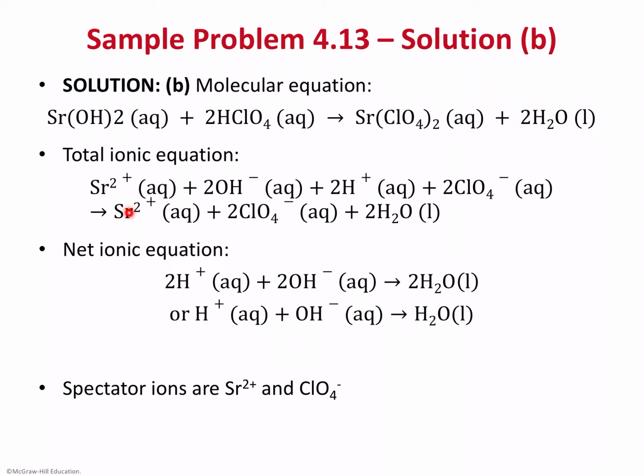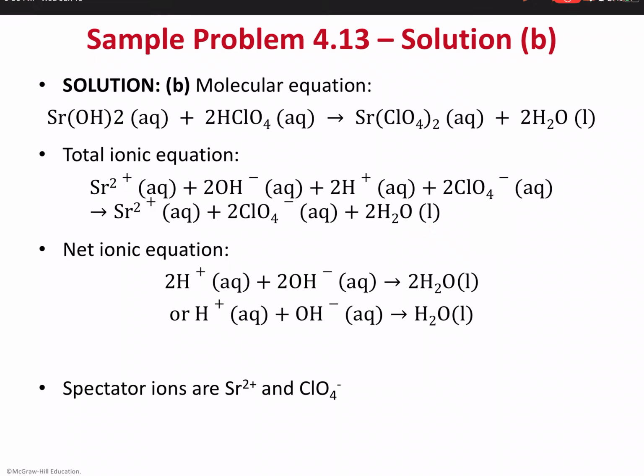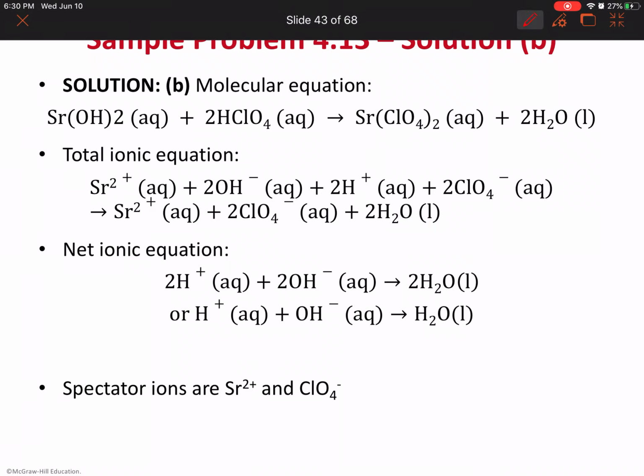In the total ionic equation, we can break up everything that says aq. Strontium 2 plus, 2 hydroxides, 2H plus, 2 ClO4 minus, and 1 strontium ion, and 2 perchlorate ions, and 2 liquid water molecules. So now what are the spectator ions, where you find the same form on both sides?